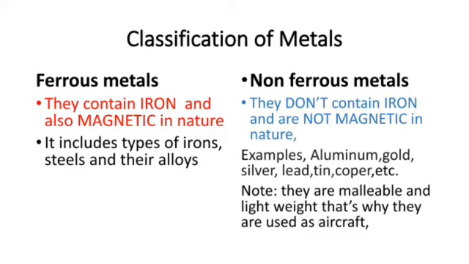Now for the non-ferrous metals, they don't contain iron and are not magnetic in nature. Those are the keywords there, so take note of that. Examples are aluminium, gold, silver, lead, tin, copper, etc. Note this.